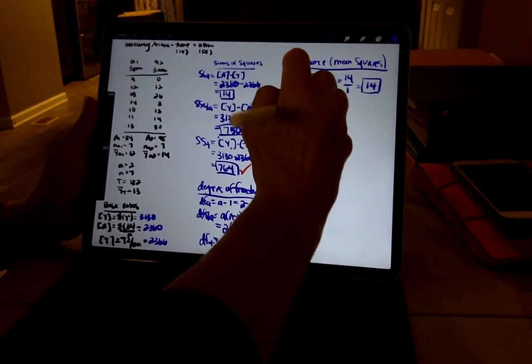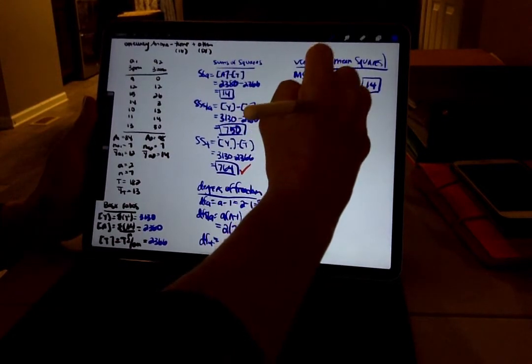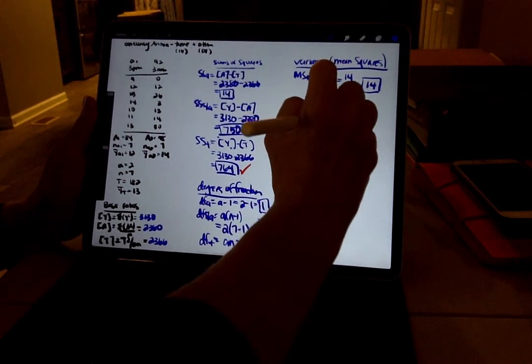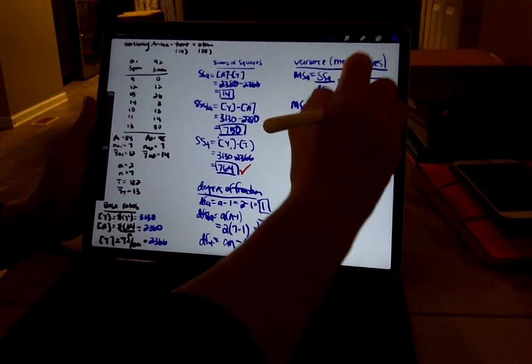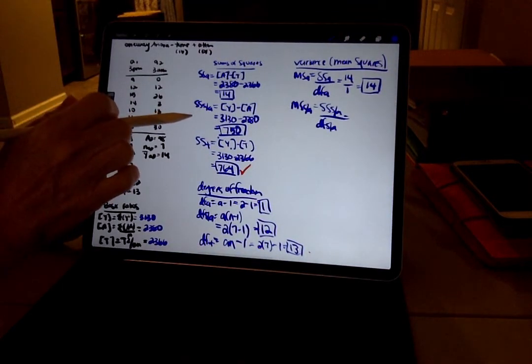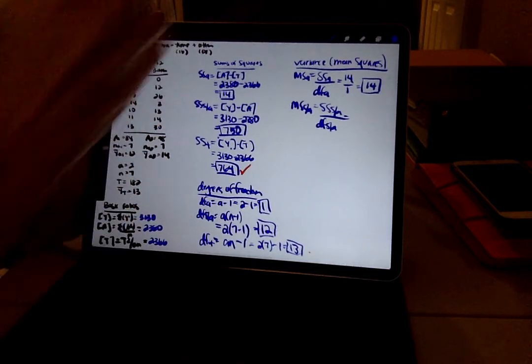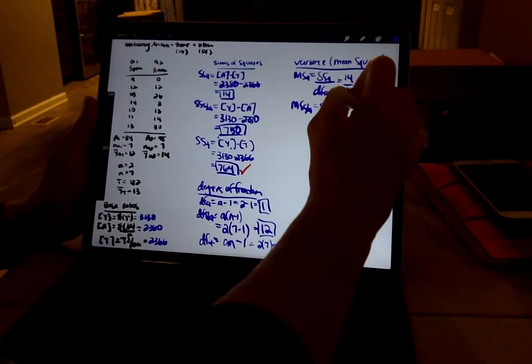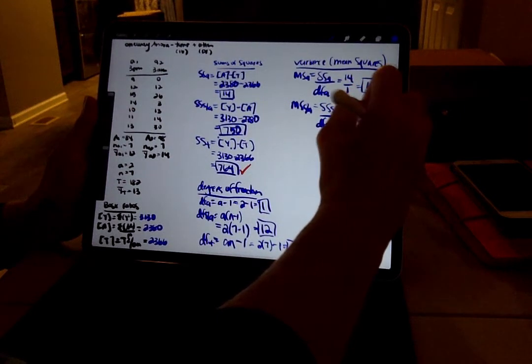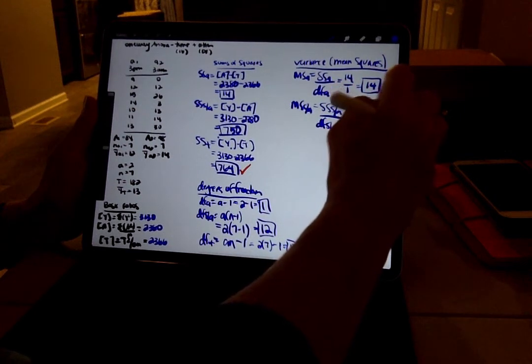Our mean square S over A is our sum of squares S over A divided by our degrees of freedom S over A. So our sum of squares is 750 and our degrees of freedom is 12. And when we do the math on that, that equals 62.5.